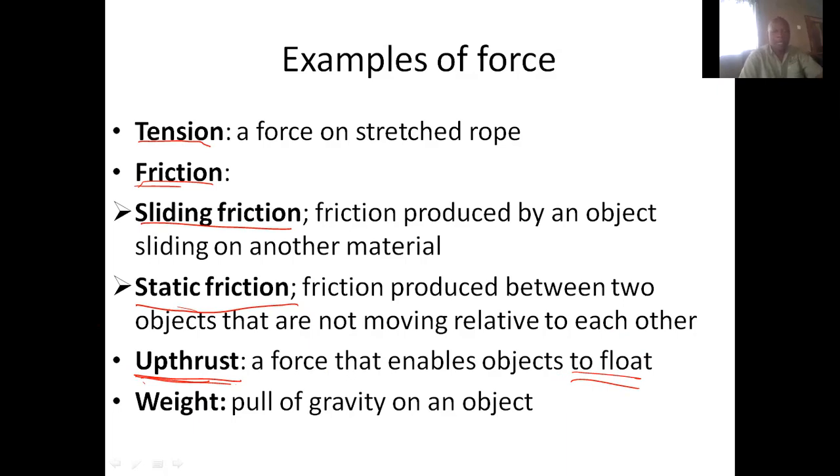And then we have another type of force, which is known as weight. Weight is a pull of gravity. That is, every planet has a force which enables objects to settle towards it. And so this weight is different on different planets.